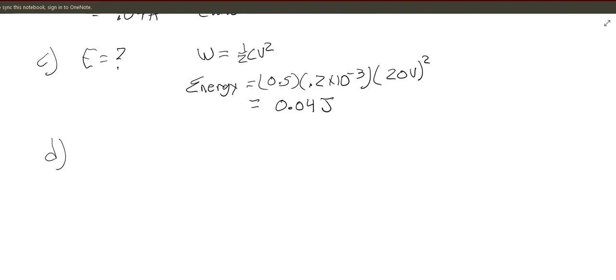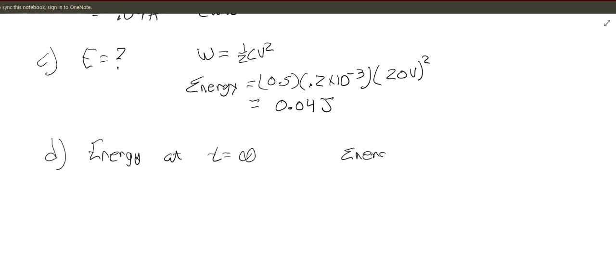Okay, in part D, how much final energy will be stored in the capacitor at t equals infinity? We want to know what the voltage is at t equals infinity, because the energy depends on the voltage. That's the only thing that's changing.